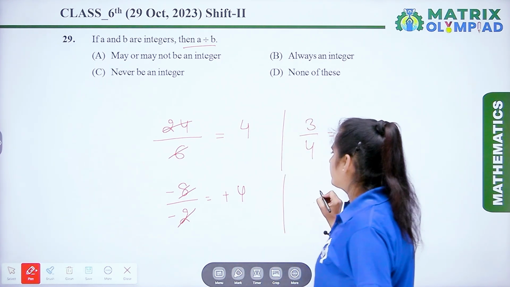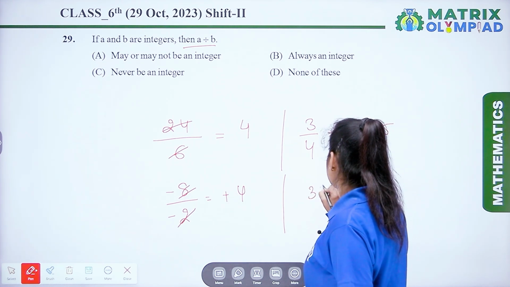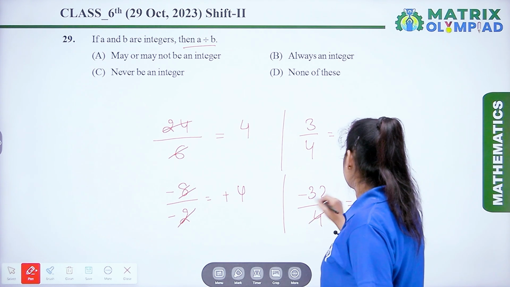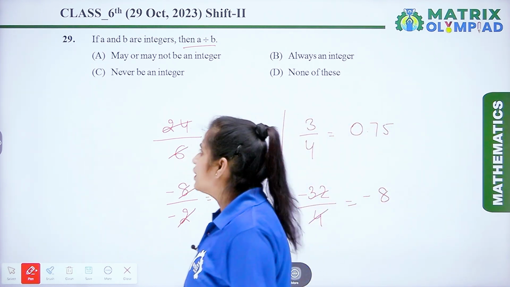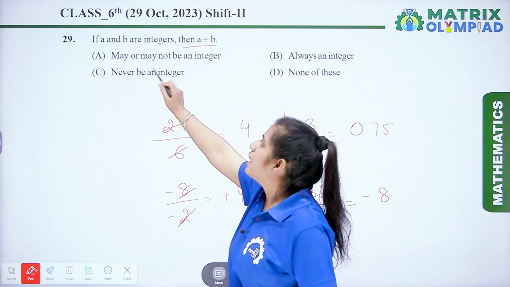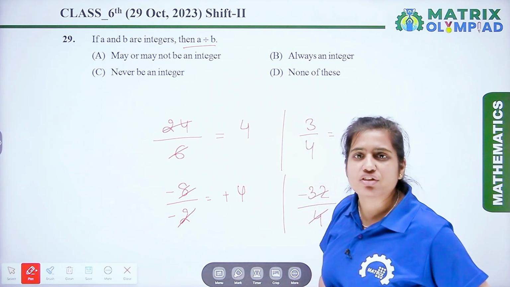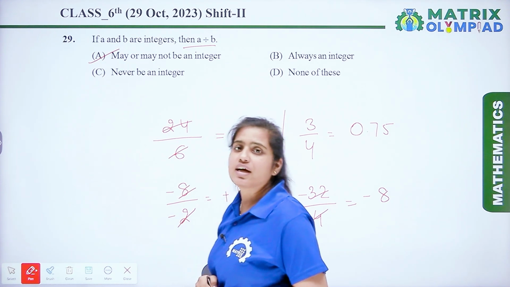And let's take another example. So according to these 4 examples, we can conclude that A divided by B may or may not be an integer. So here option A is the correct answer.